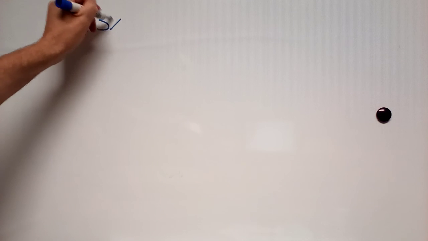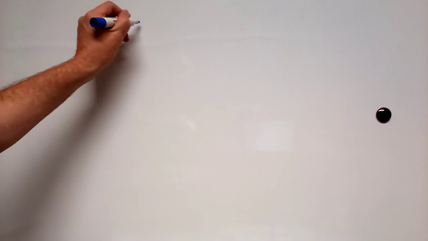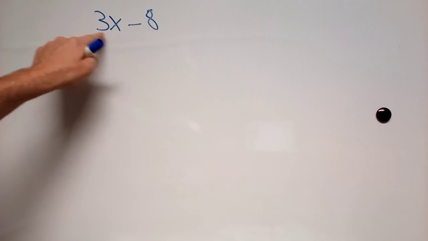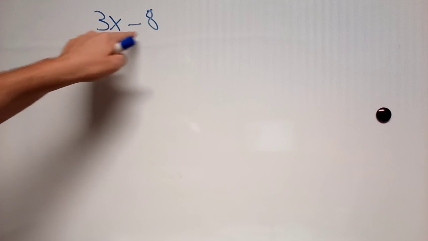Okay, so now let me write it up here, see if this is what you came up with. So if I have triple a number, that would be 3x. That's triple a number. Now I want 8 less than triple a number, so I would subtract 8. That's triple a number minus 8.